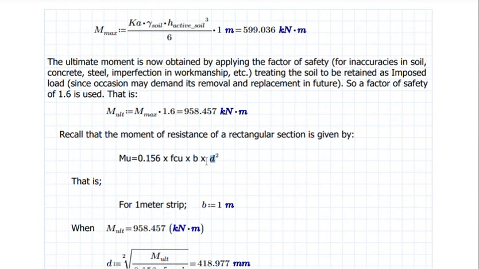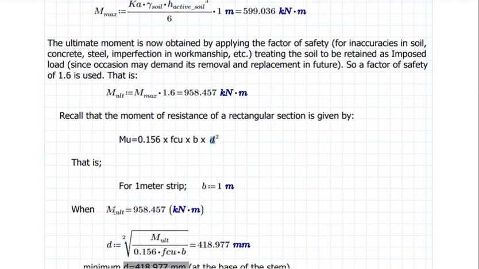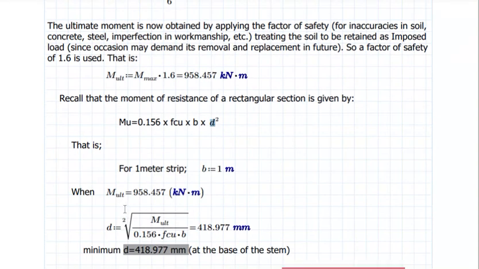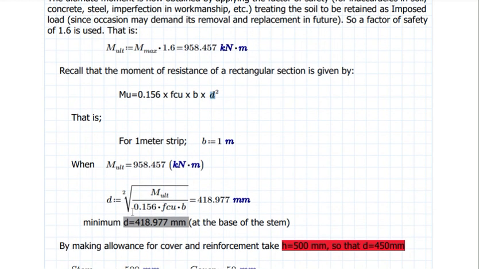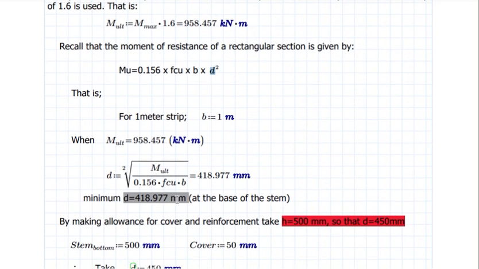So trying to find D, we equate M ultimate to this, just to recall. Then making D the subject of the formula, we have the square root of, you should understand this, so let me just skip it.